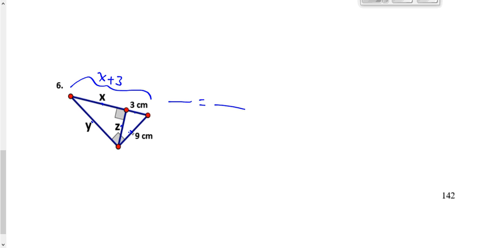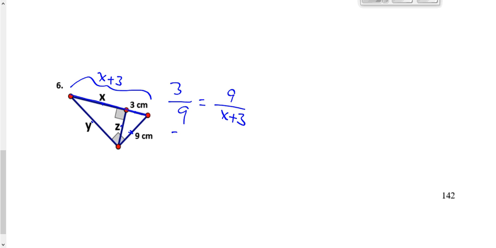If we go to this case, this is the geometric mean, which goes there and there. Between what two things, guys? 3, this segment, and the whole thing. You can't just use x, because the case needs that whole side, which is x plus 3.